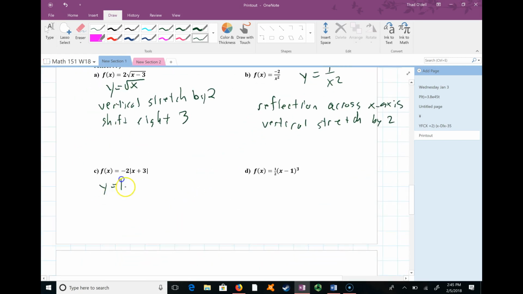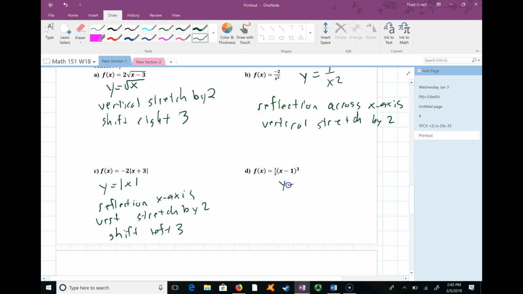This is y equals absolute value of x. And it also has a reflection across the x-axis, because it's on the outside. And it has a vertical stretch by 2, and it shifts to the left 3.